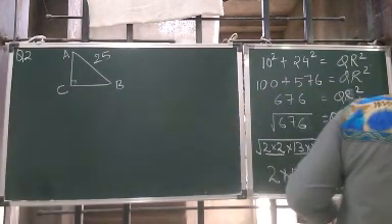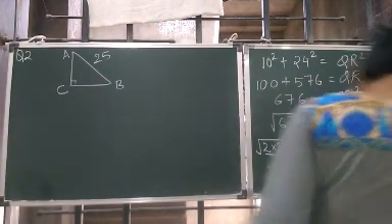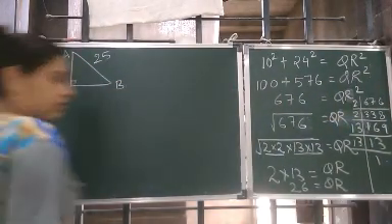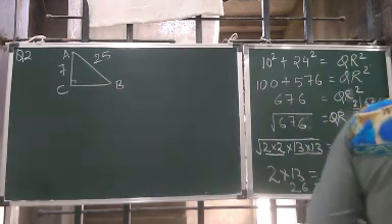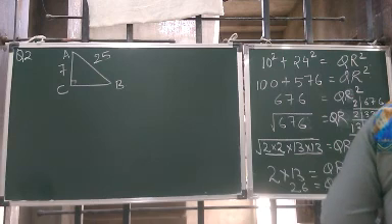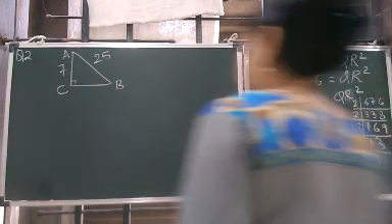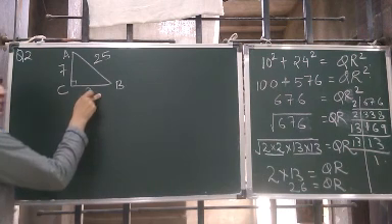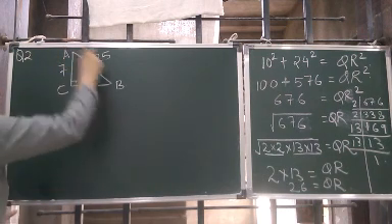And BC. So to find this, that means this is the base, this is the perpendicular, this is the hypotenuse.